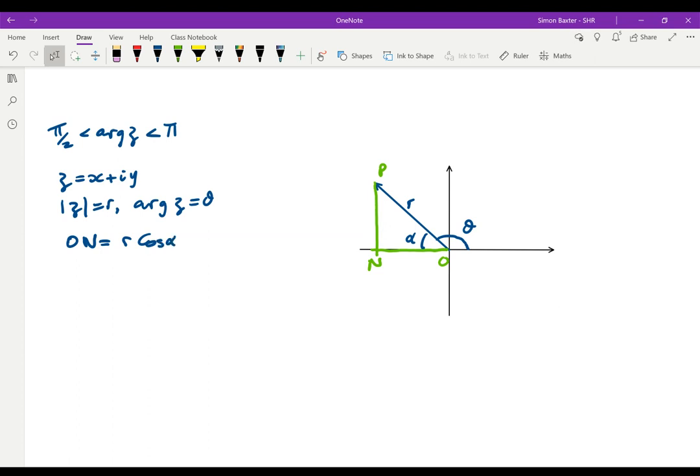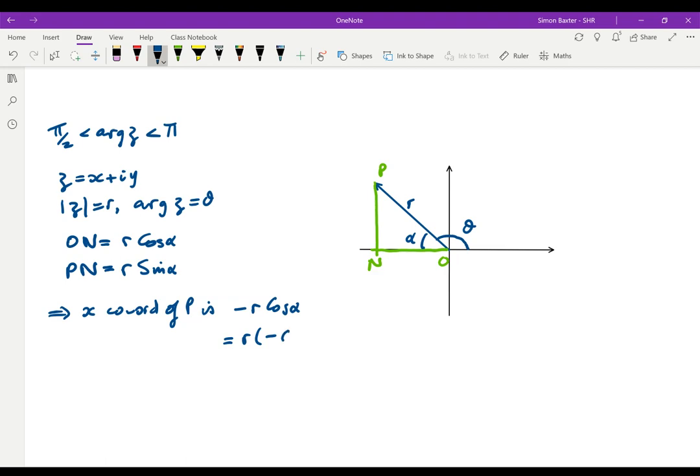And if we look at PN, that is r sine alpha. So the x coordinate of P is minus ON, that is minus r cos alpha. That is equal to r times minus cos alpha.